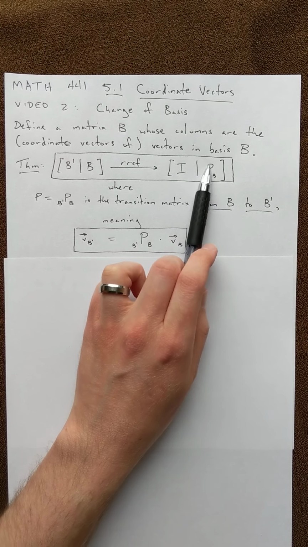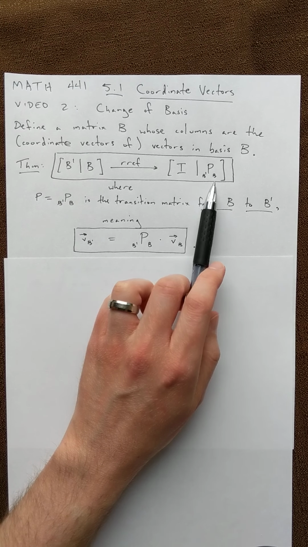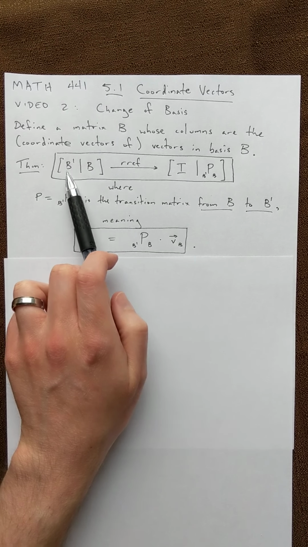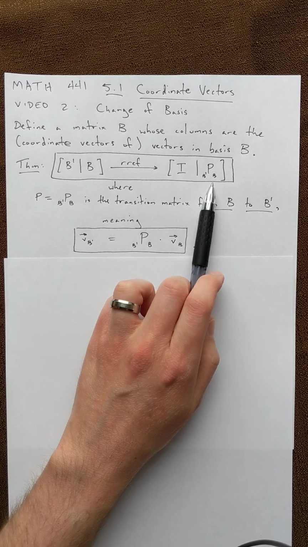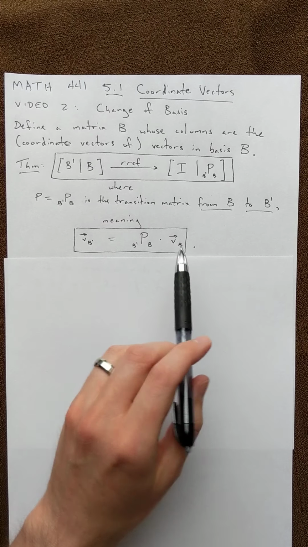And this matrix on the right is actually going to be exactly what we need to change a vector from one basis to another. It's called a transition matrix. So we take two bases, we row reduce their corresponding matrices. The entry on the right side should be our transition matrix.